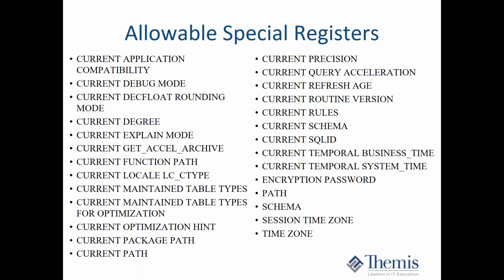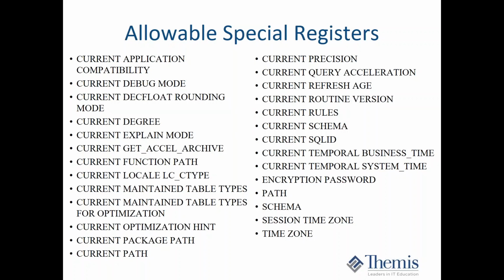So I've added a system time table, and I want to set the current temporal system time to be current date minus 24 hours, so they always see it. And on the maintained, so these things they would normally have to code their program to set, we can do that. And another item, set current degree of parallelism.